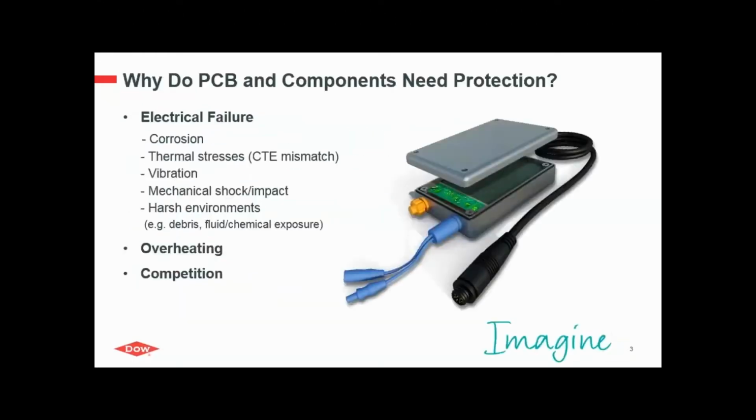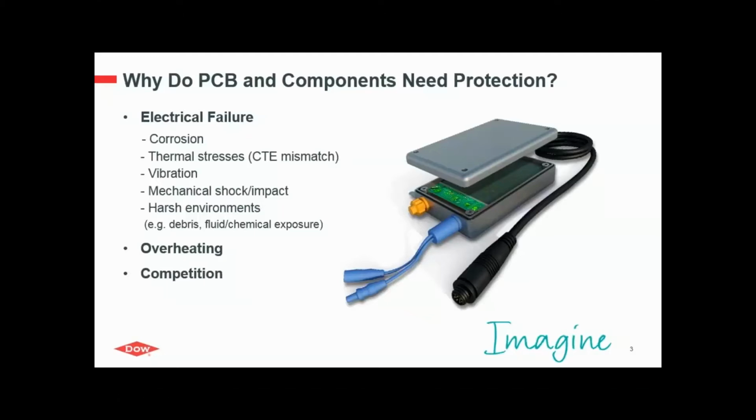So, why does a PCB and its components need protection? Indeed, there are three main reasons it comes down to. First one is electrical failure, which can have different causes like corrosion, thermal stresses due to the CTE mismatch of the material at different substrates used, vibration, mechanical shock or impact, and the exposure to harsh environments.